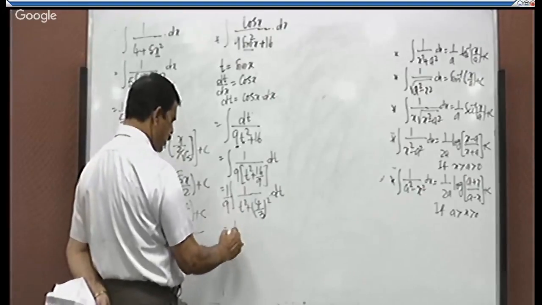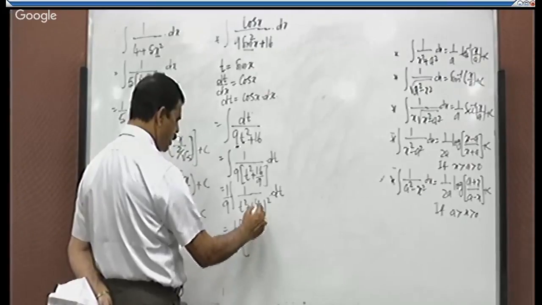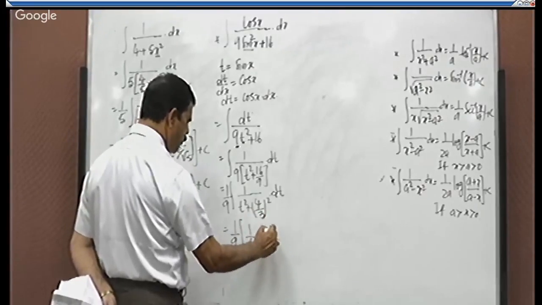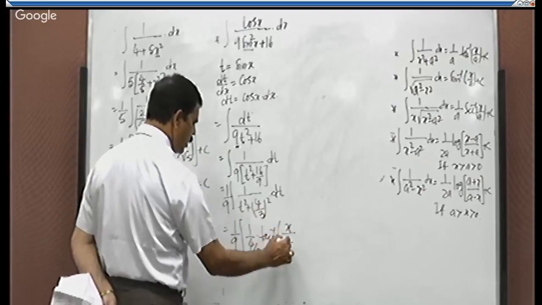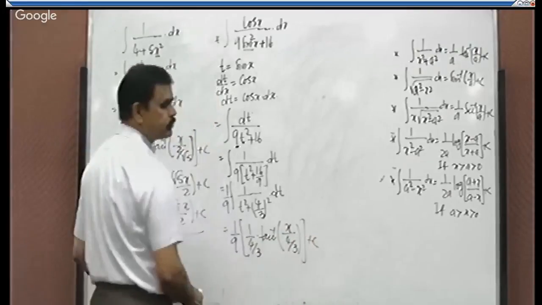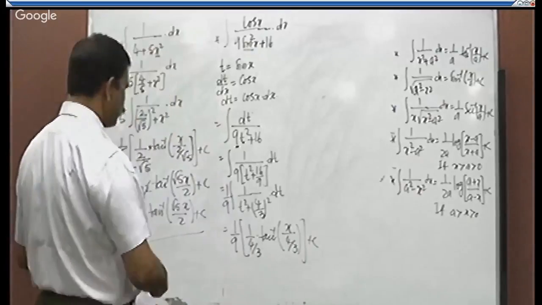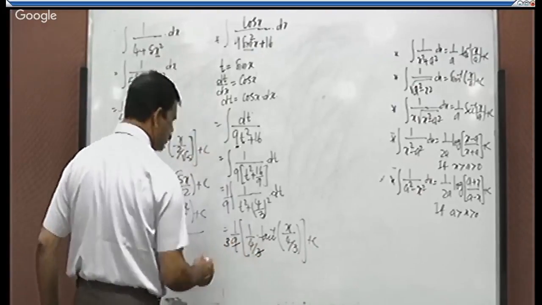So it will become 1 by 9 into 1 by a. What is a? A is 4 by 3, into tan inverse of x divided by a, where a is 4 by 3, plus c. Then the problem reduces to, you can cancel this, 3 1s are 3, 3 3s are 9.